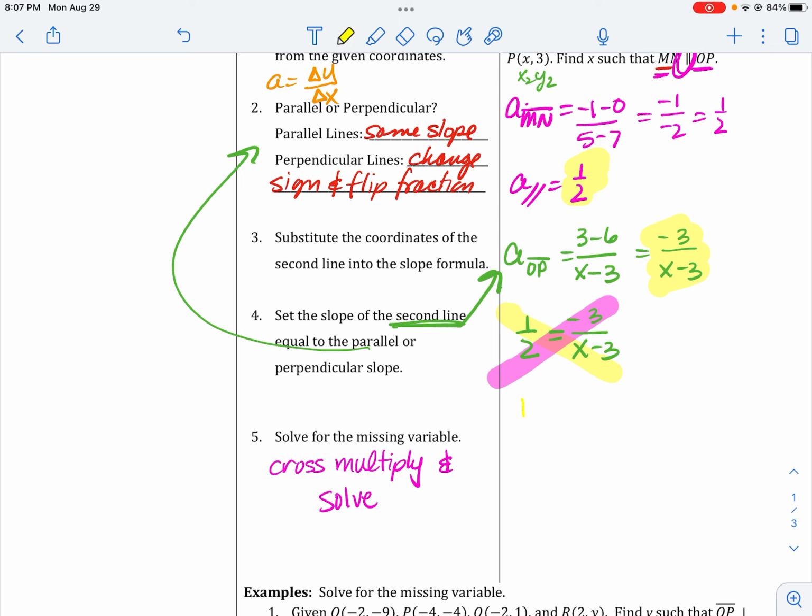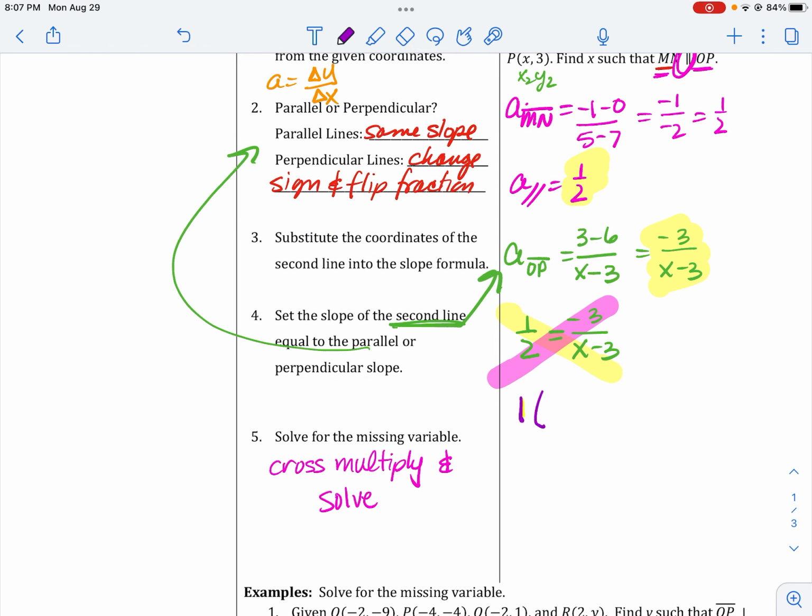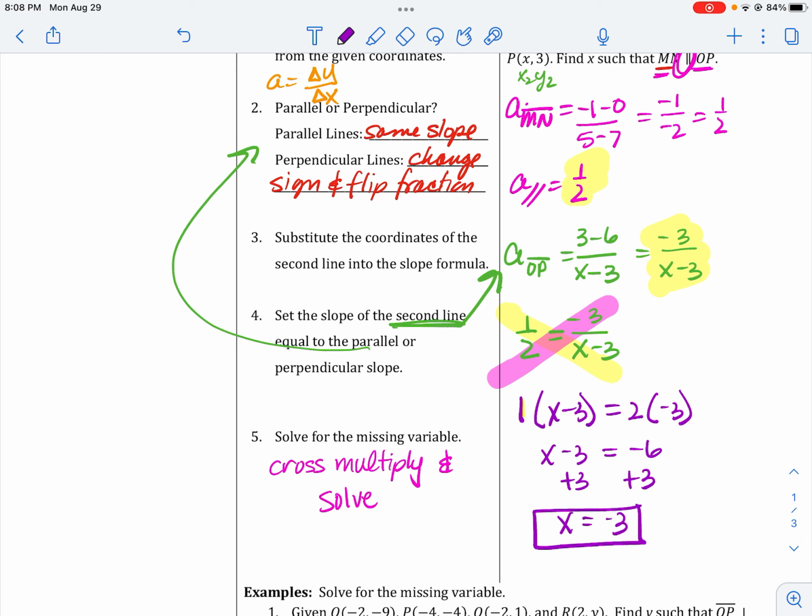So that's 1 times x minus 3 equals 2 times negative 3. X minus 3 equals negative 6. Add 3, x is negative 3. None of the steps are specifically hard. It's just knowing what to do with the numbers. That's the new trick. Don't worry, we're going to do it a couple more times.